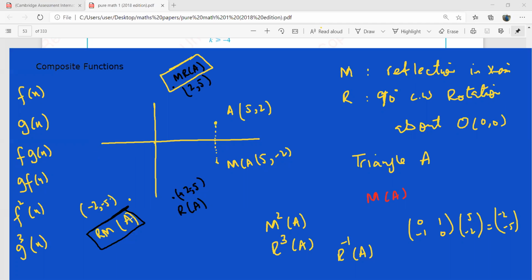Combining the transformations is just like writing the composite functions. Composite and combined actually mean the same. Now let's see how to write the combined or the composite functions. Let's learn that.